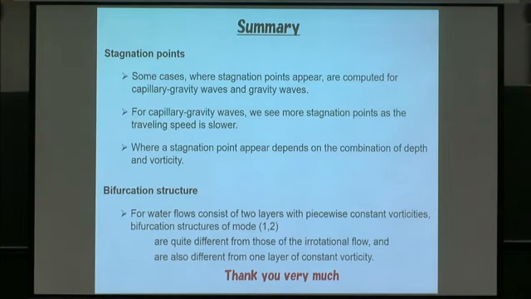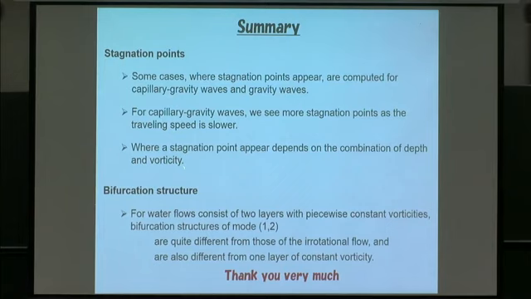Now, let me summarize. Regarding stagnation points, for capillary gravity waves, we see more stagnation points as the traveling speed is slower. And where a stagnation point appears depends on the combination of depth and vorticity.